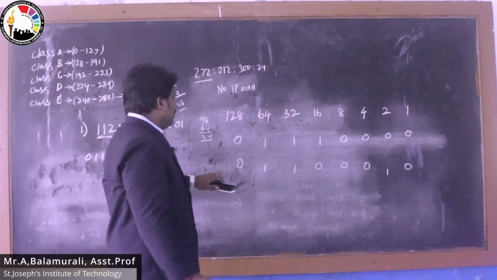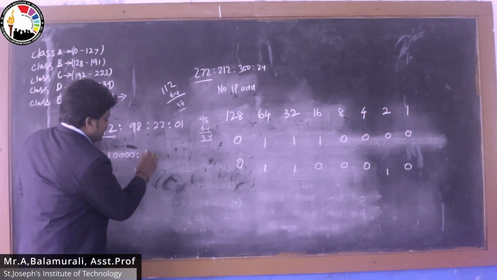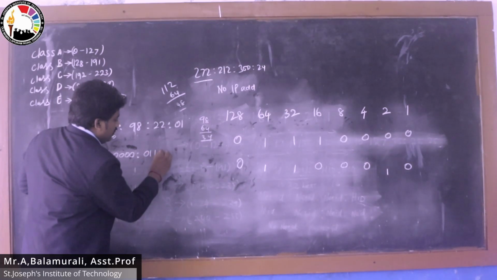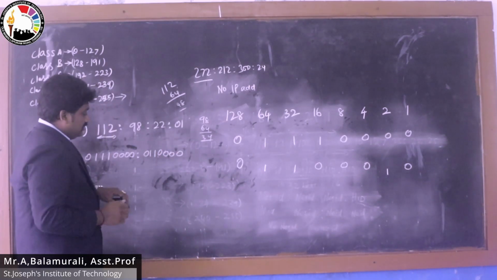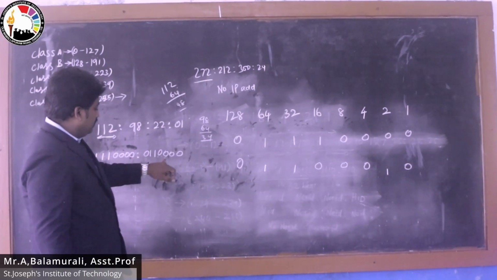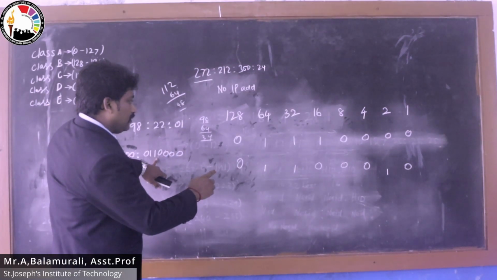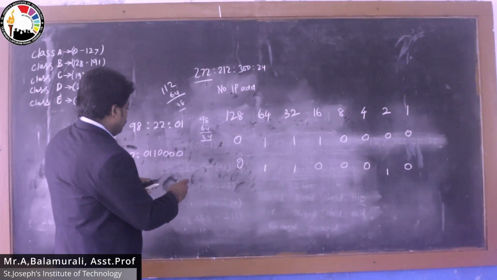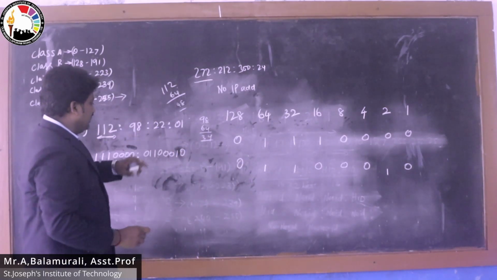Okay, this is the binary value for 98: 0, 1, 1, 0, 0, 0, 1, 0. Every time you check that there are 8 bits. So this is the 98 value.